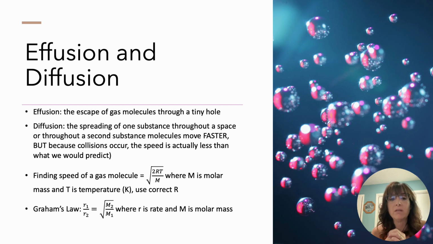Typically, we put the lower molar mass on the bottom, which means the faster molecule is R1. Remember, the lighter, the faster. So if you're comparing hydrogen gas to neon gas, hydrogen gas is smaller, so it would be R1. The other one would be R2, and then just flip them when you do the molar mass. And don't forget to take the square root.